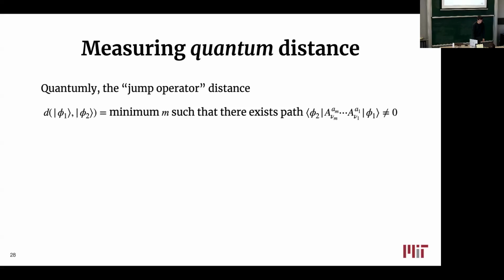Sorry, but this is going to be a function of the sequence of these nu's as well? Here you're minimizing over all possible sequences of A^nu_a's. You can choose these nu's, but yeah, any path through this set of operators.